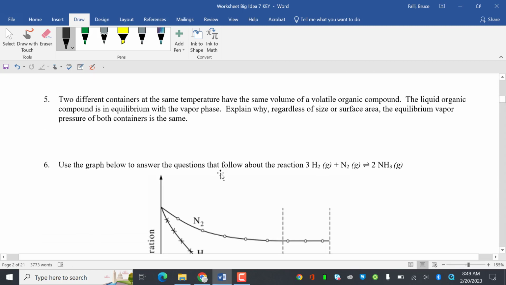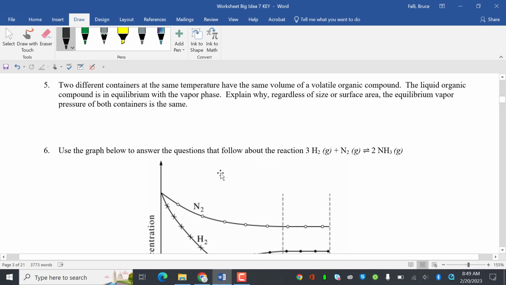Two different containers at the same temperature have the same volume of a volatile organic compound, and the liquid organic compound is in equilibrium with the vapor phase. Explain why, regardless of the size or surface area, the equilibrium vapor pressure of both containers is the same.